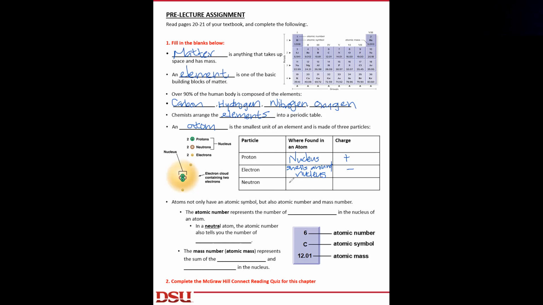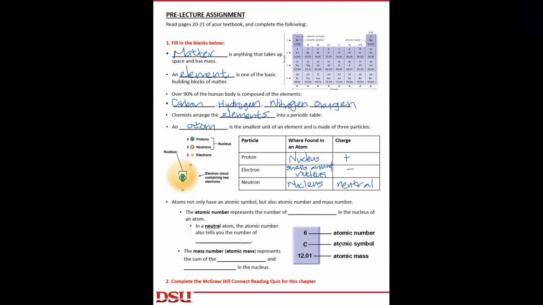And the neutrons are also in the nucleus. And they have no charge, they're neutral. And sorry, electrons have a negative charge. Okay, so these green guys are protons, brown guys are neutrons in the nucleus. Little yellow guys are orbiting, if you will. They're in these shells. And those are the electrons.